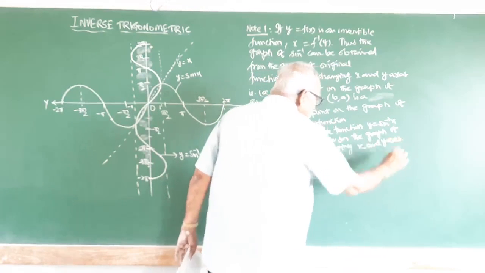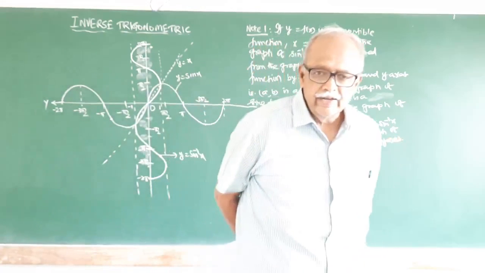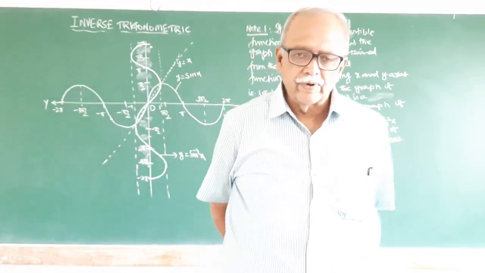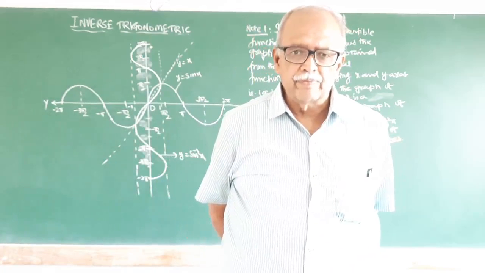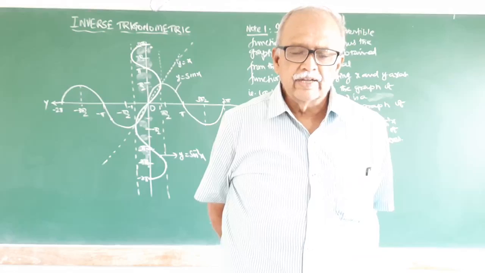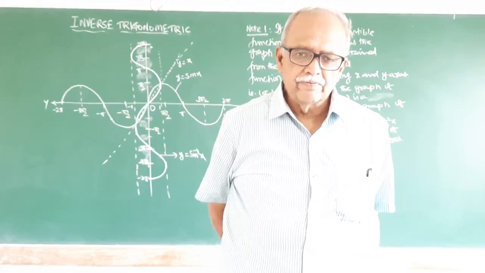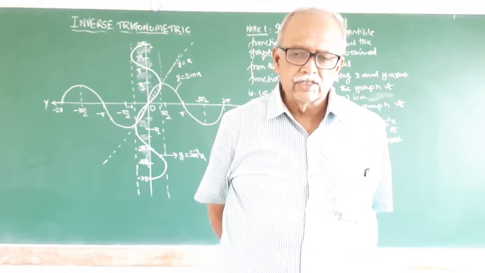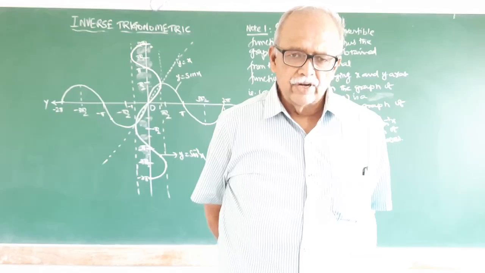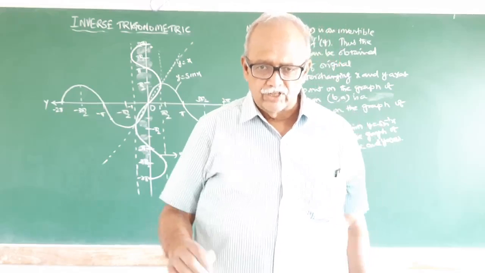So what does the first note say? For any function, the inverse function can be obtained from the original function by interchanging the x and y axes. If you change the x and y axes of the original function graph, you will get the inverse function graph. That is the first point.